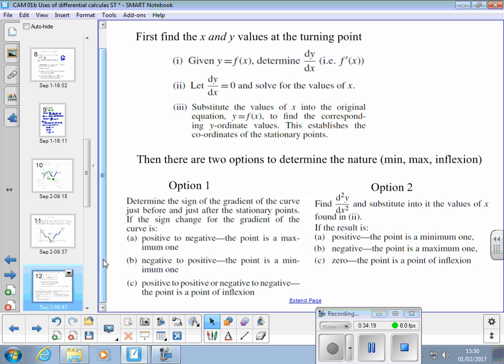A second method is to use the second differential. Go back to that question we skipped over. Consider it at home, and then the second differential function.